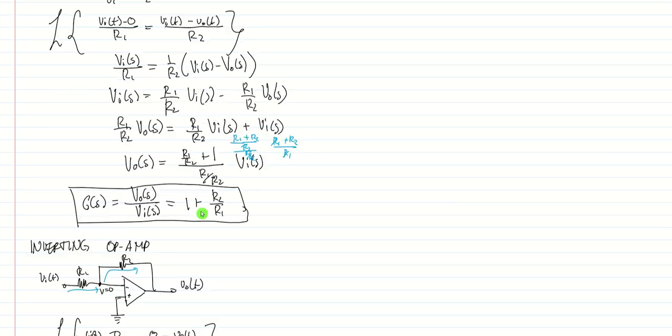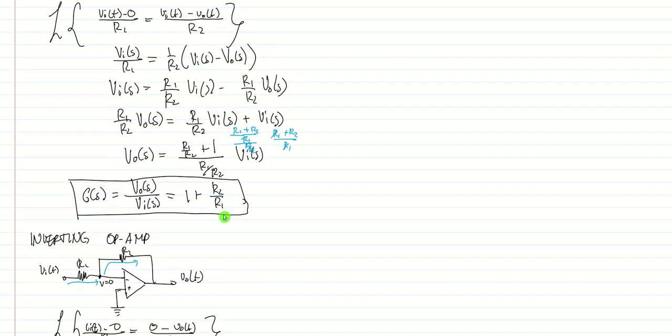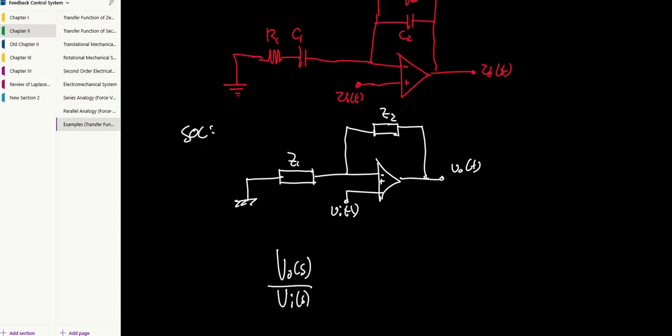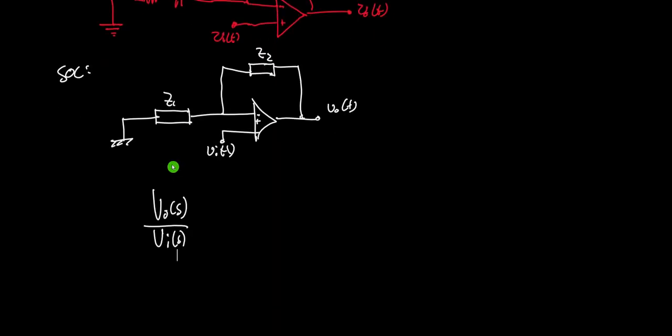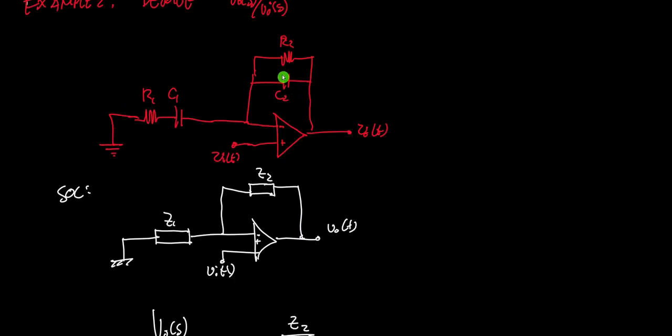We already derived that this is equal to 1 plus R2 over R1, or just replace R2 and R1 with Z2 and Z1, so this will be 1 plus Z2 over Z1. Let us determine again what Z2 and Z1 are here. Z2 is the impedance of this one, and Z1 is the impedance of this one.